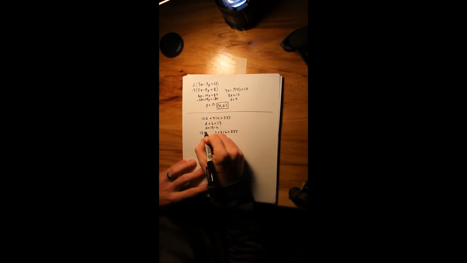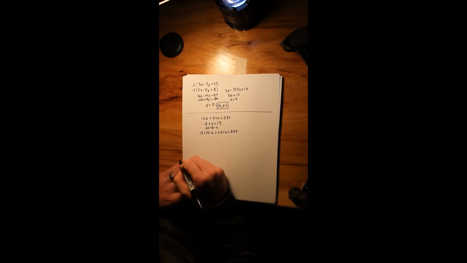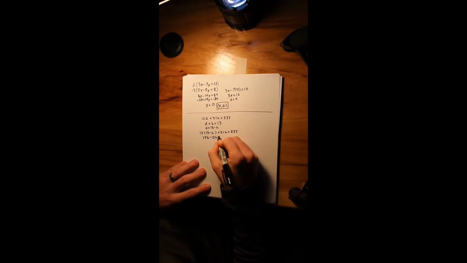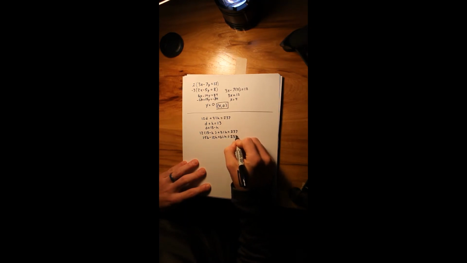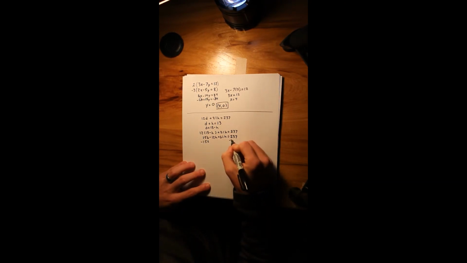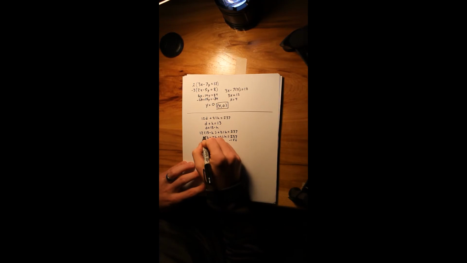Okay, well, what is the hot dogs? Well, that's 13 minus hamburgers. And so 12 times 13, I believe, is 156, minus 12 times H, plus 21H equals 237. Well, I got to subtract the 156.